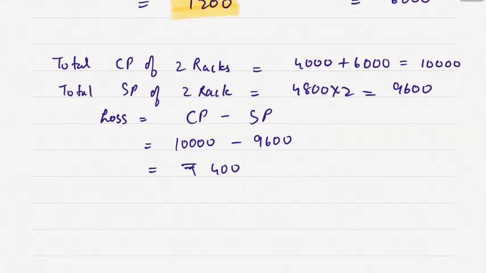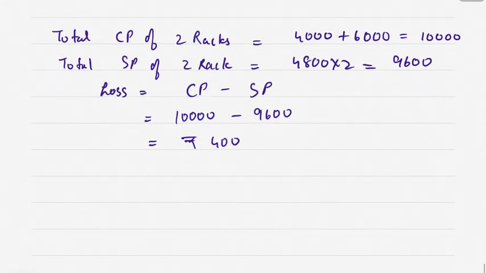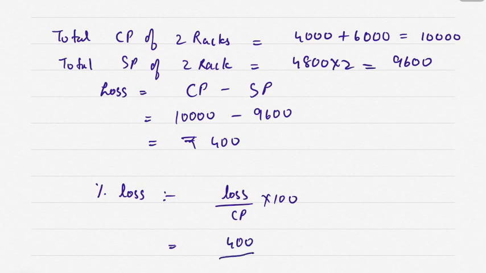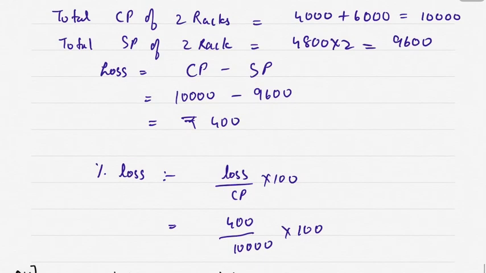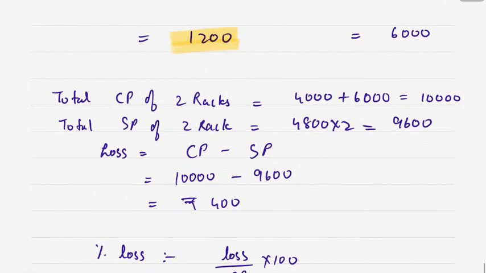Okay, and 400 is the loss. You need percentage loss also, correct? So loss percent would be loss upon cost price into 100. Loss is 400, cost price is 10,000 into 100, right, which is 4%. So overall loss is 4%. Very simple.